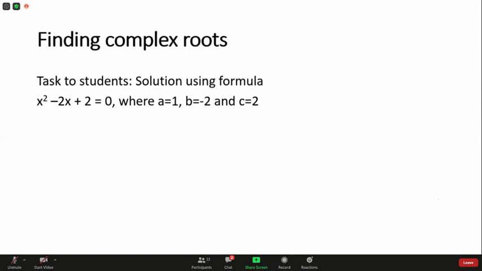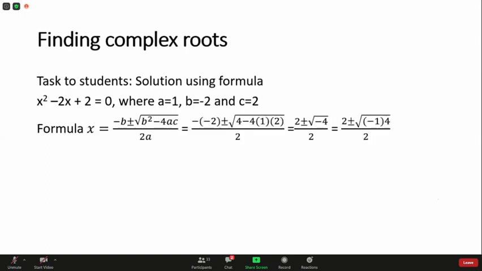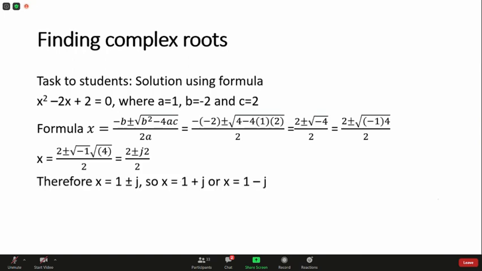The formula is a standard formula, just substitute the values. I'm not going to explain each step here. Then you see the final answer, you get the same answer: (2 ± 2j)/2, again 1 ± j. Whatever the correct method you use, you will get the correct answer, right? 1 + j, 1 − j.